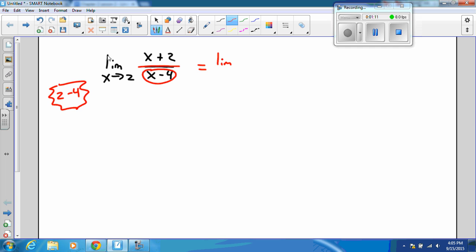And so we can use the quotient rule to say that this limit is the same as the limit as x goes to 2 of x plus 2, divided by the limit as x goes to 2 of x minus 4. And off to the side, we're going to indicate which limit property we're using. The limit of a quotient is the quotient of limits.